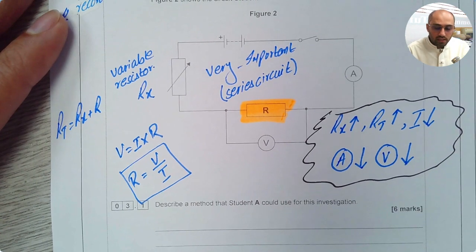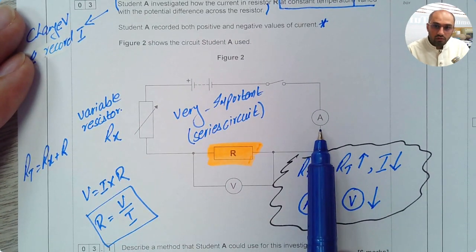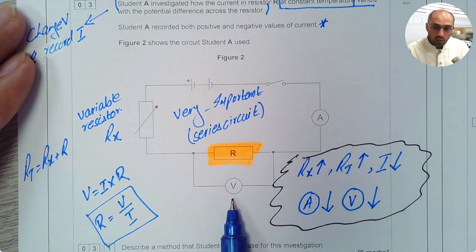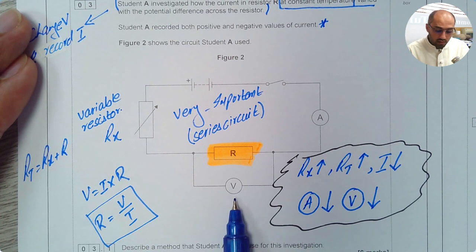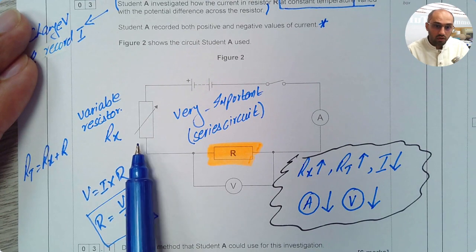What we need to do is record the value of current once we have changed the value of V. To change the value of V, we will have to adjust the value of Rx here.